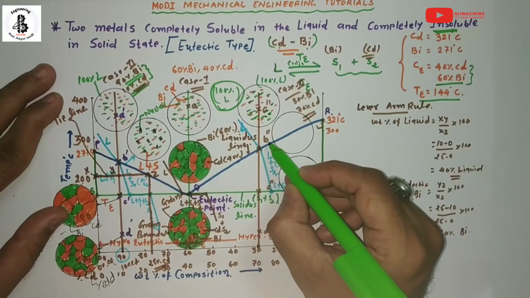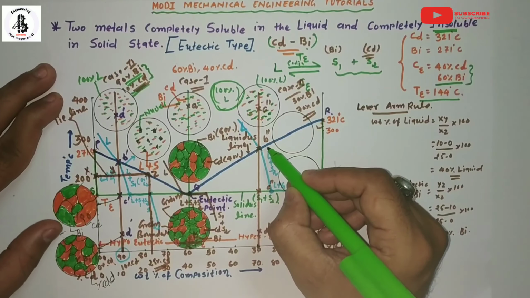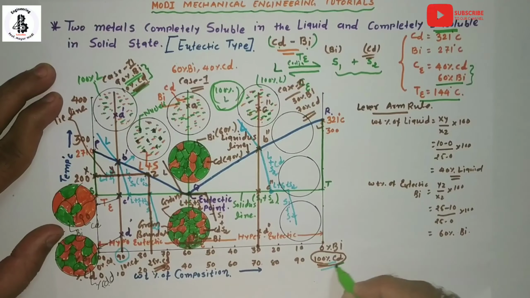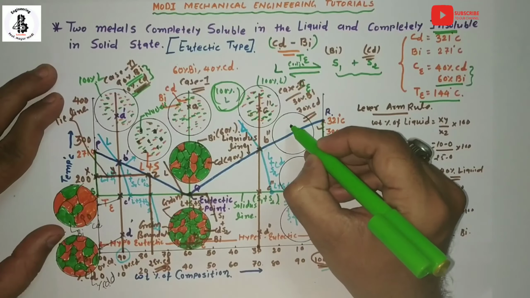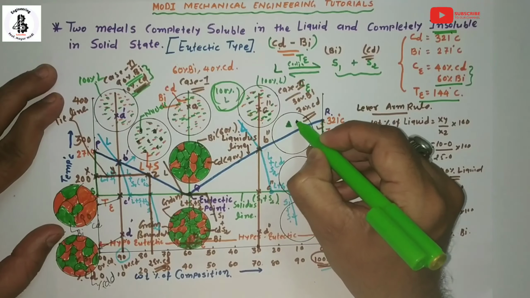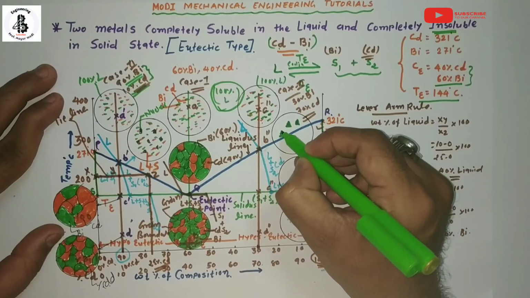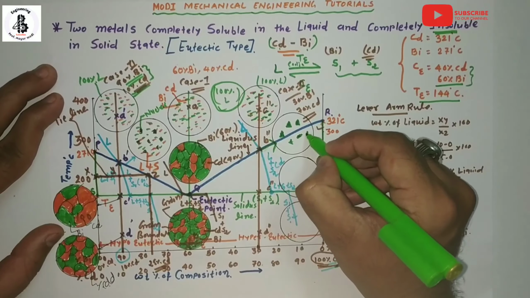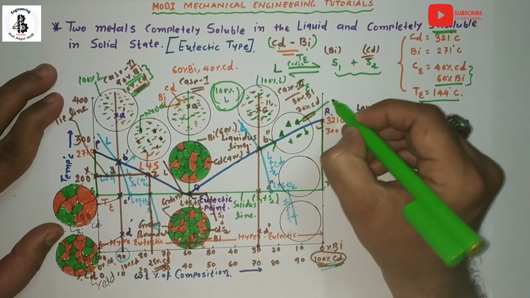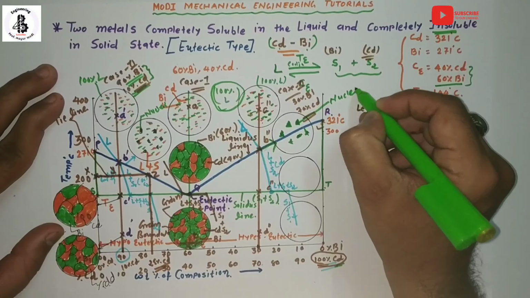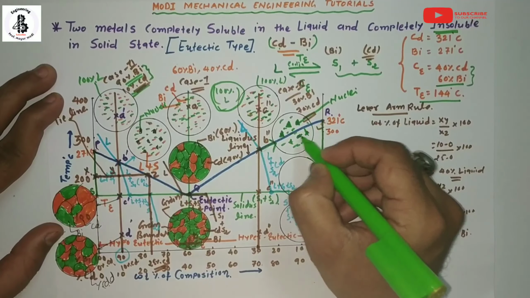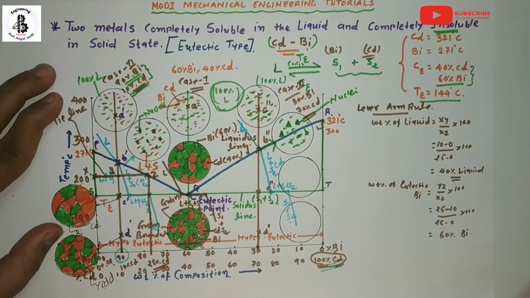Now for B dash. That is the starting point of solidification by the enrichment of the metal. Here that is cadmium, represented in green color. So this is the starting point of the solidification process at point B. That will act as a nuclei, and the rest of the parts of both metals remain in liquid form.